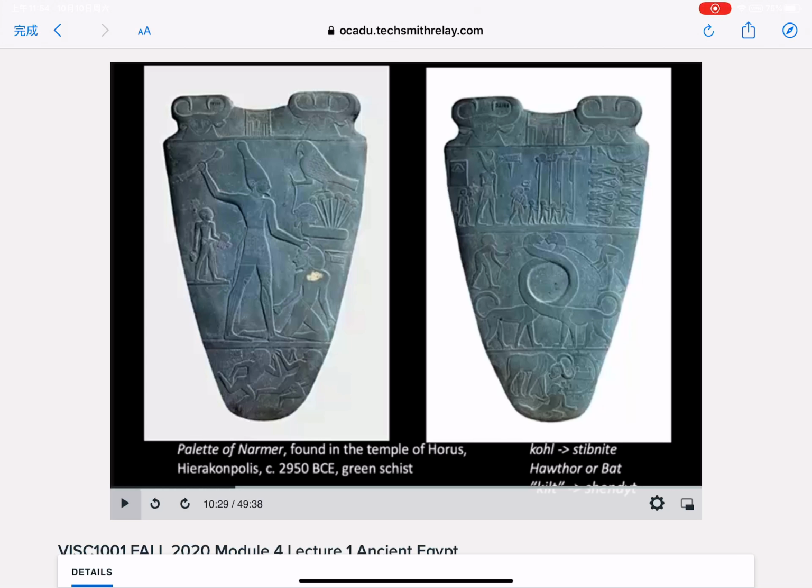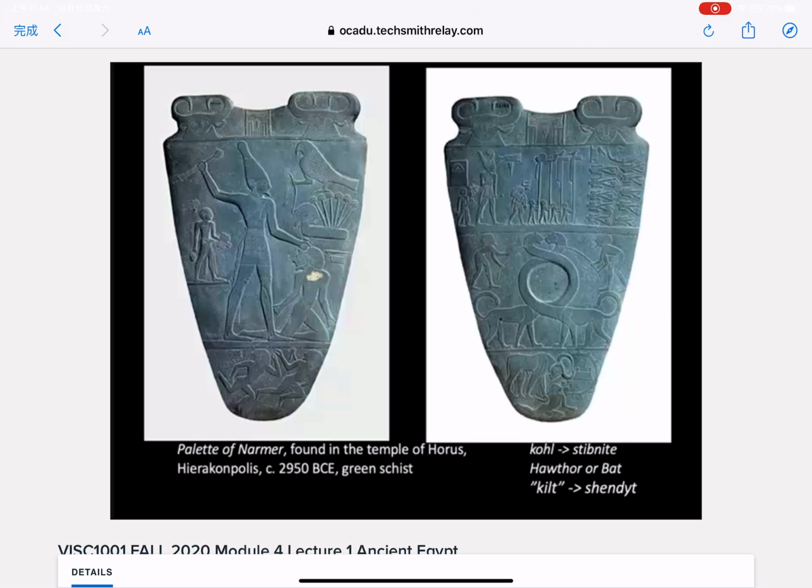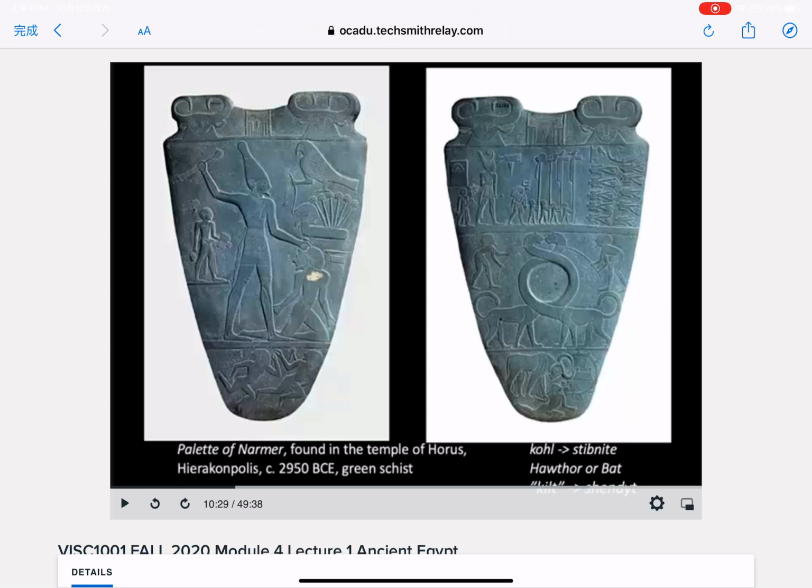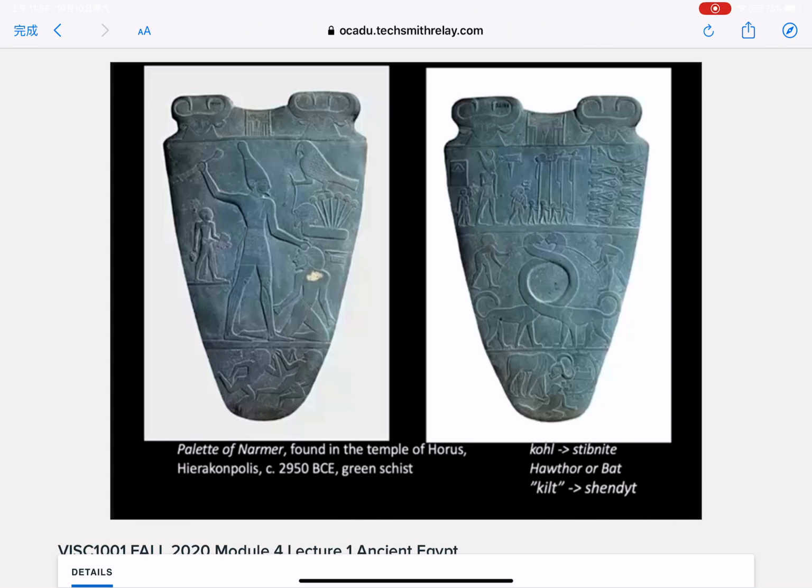And the pharaoh or king of Egypt is an office that is sustained for millennia, for thousands of years.